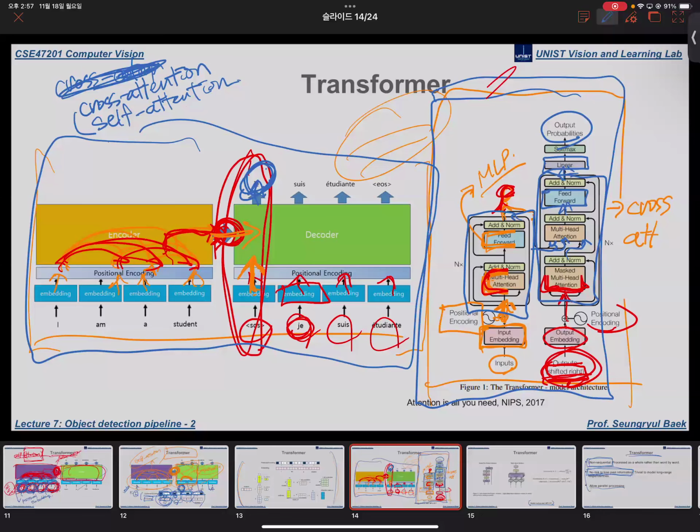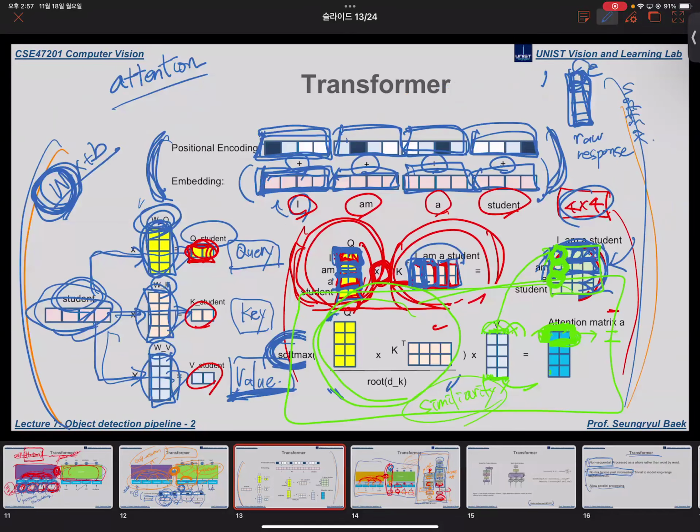The thing we just learned is the self attention mechanism. So we calculate the query and keys between the inputs and calculate their similarity, and then multiply with the value feature to get the final feature for each input.